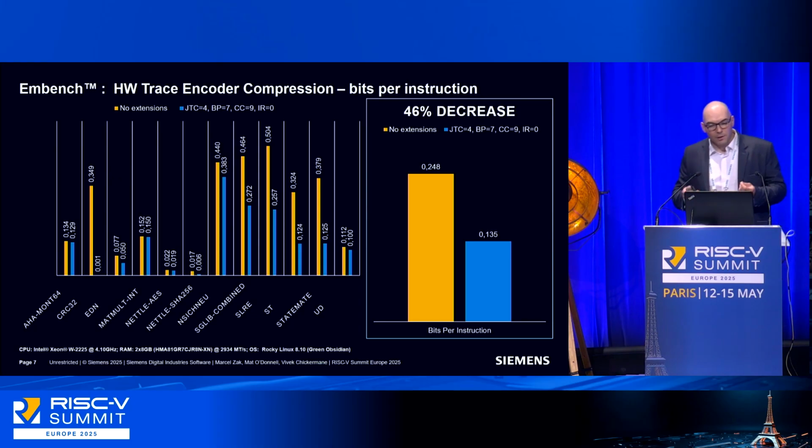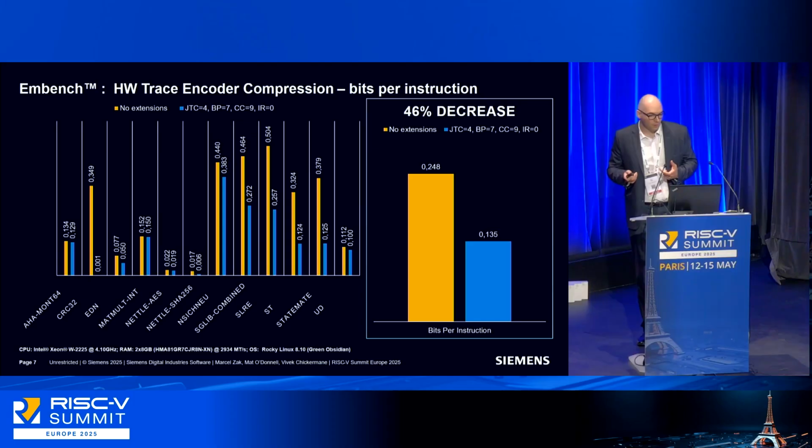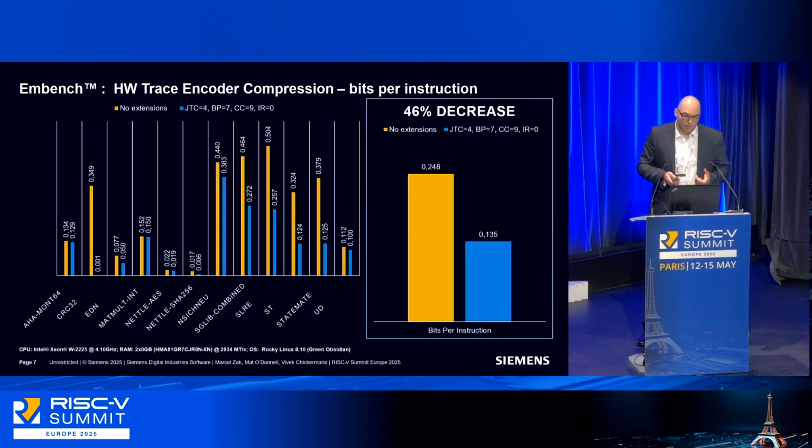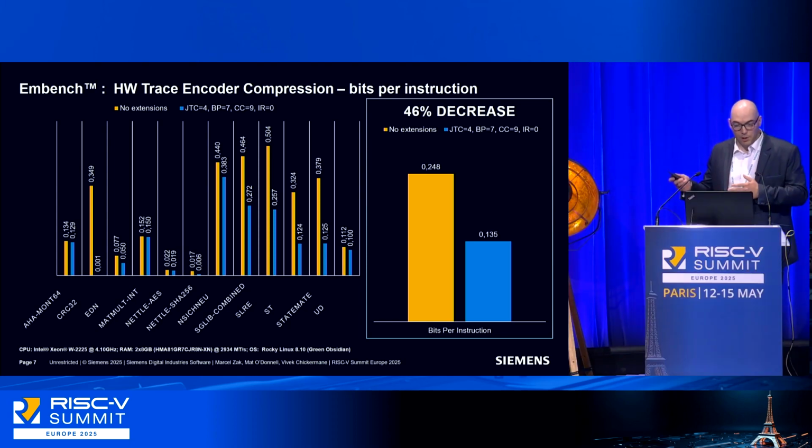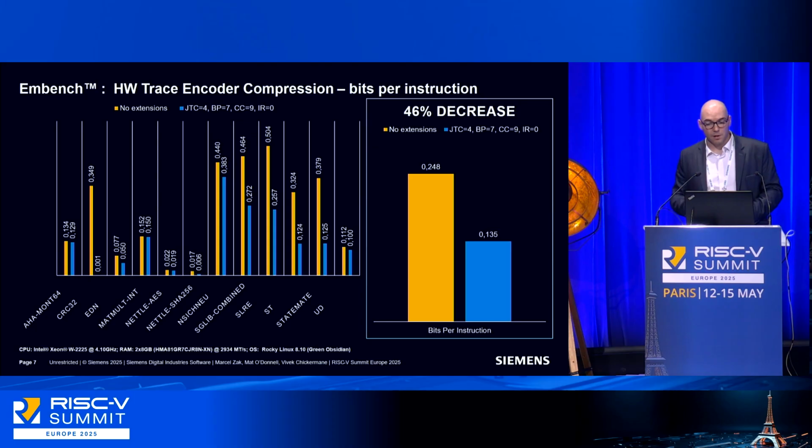You can think about it as how many bits the hardware encoder needs to send for each executed or retired instruction in the CPU. The yellow bars show our baseline encoding with extensions disabled, with an average of 0.248 bits per instruction. The blue bars represent the compression with E-Trace extensions enabled, an average of 0.135 bits per instruction. The results show a consistent improvement across every single test.